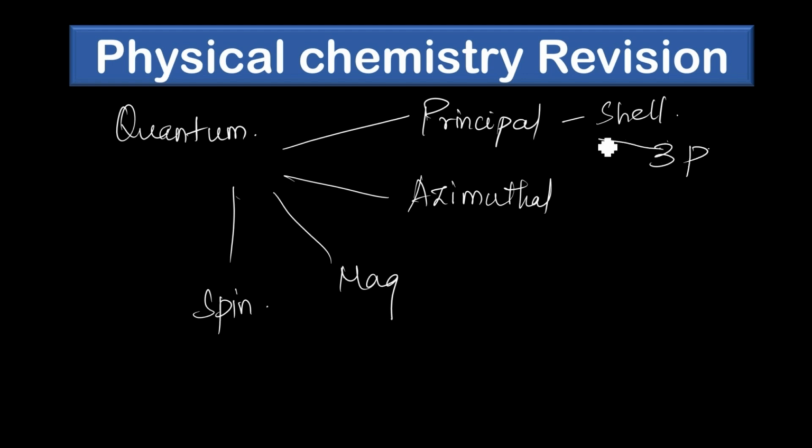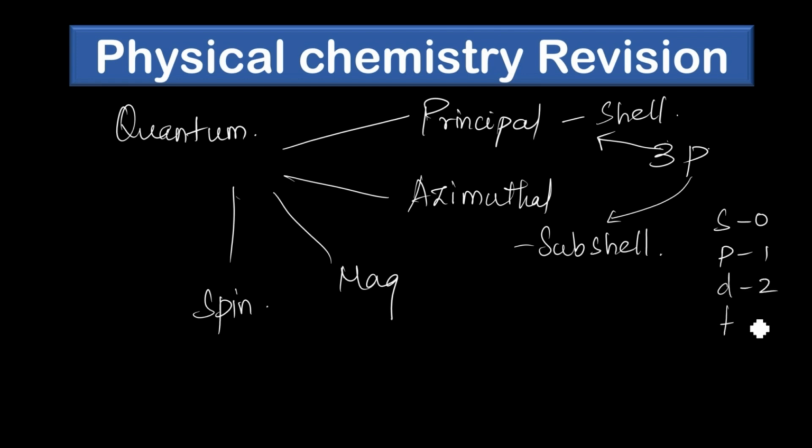P refers to azimuthal, which is the subshell. SPDF orbitals, that is our azimuthal quantum number. So for S it is 0, P value is 1, D is 2, F is 3. Azimuthal is referred to by the symbol L, principal is n, magnetic is m, spin is s.